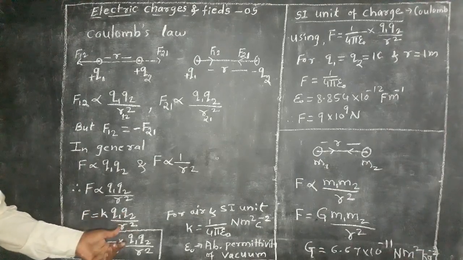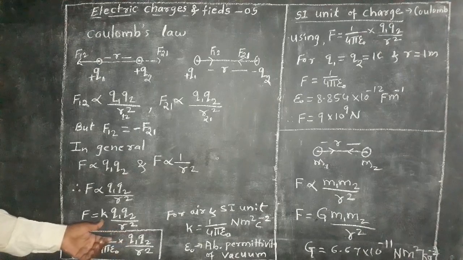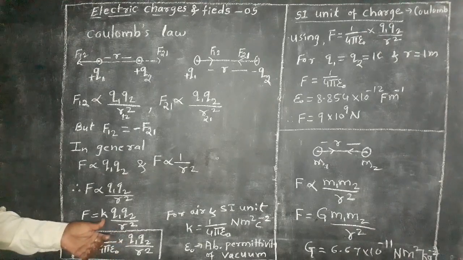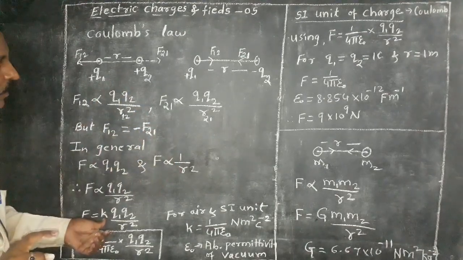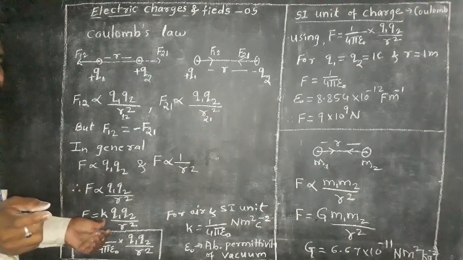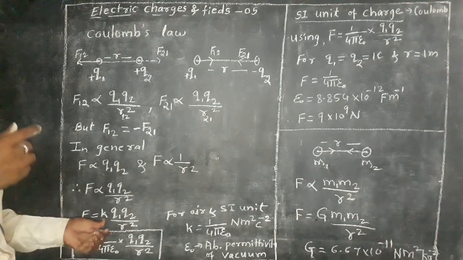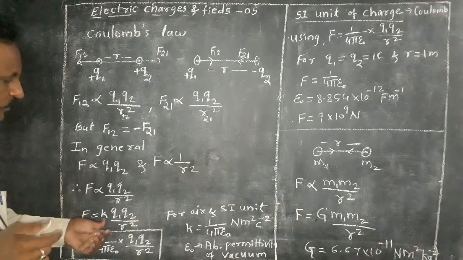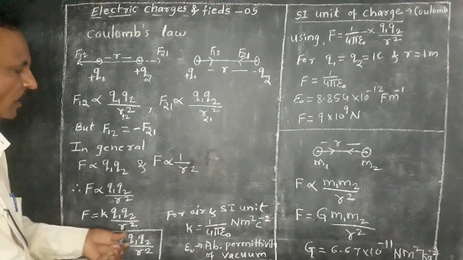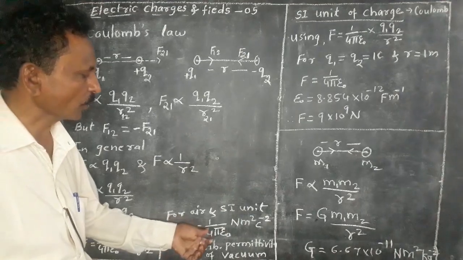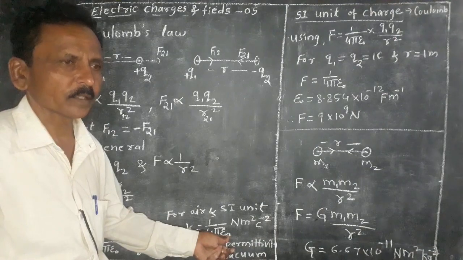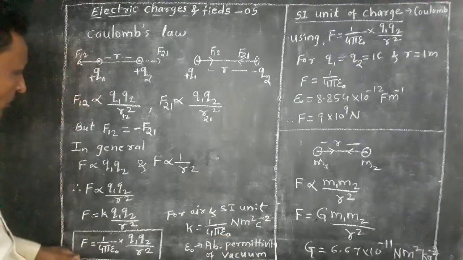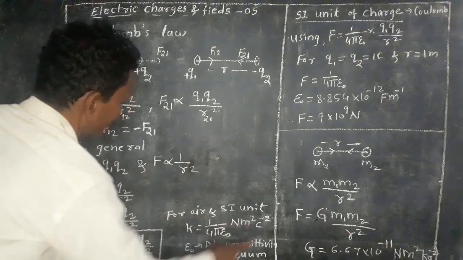Here K is the proportionality constant and its value depends on the medium in which charges are placed. For the SI system and for air or vacuum, the value of K is equal to 1 upon 4 pi epsilon naught, Newton meter square per coulomb square.